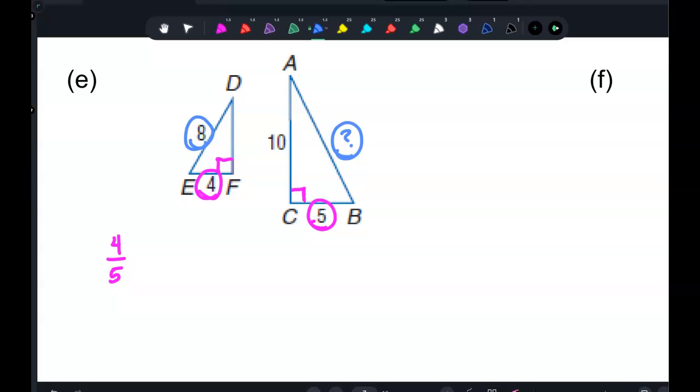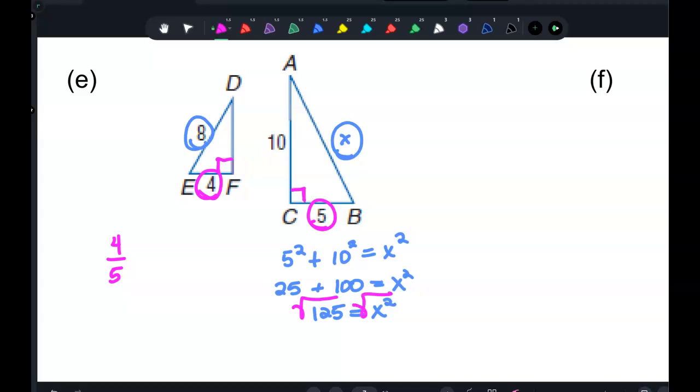So, for example, let's call this x. Let's look at the triangle on the right. I have 5 squared plus 10 squared equals x squared. So I have 25 and 100, which is 125. When I take the square root, I get 5 root 5 for x.